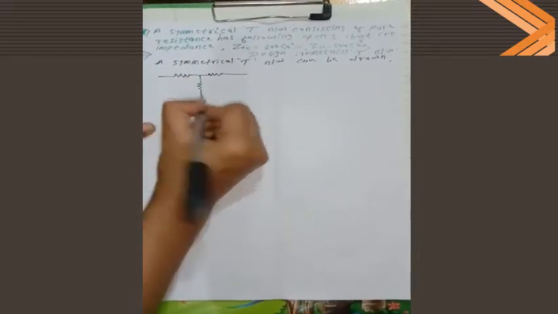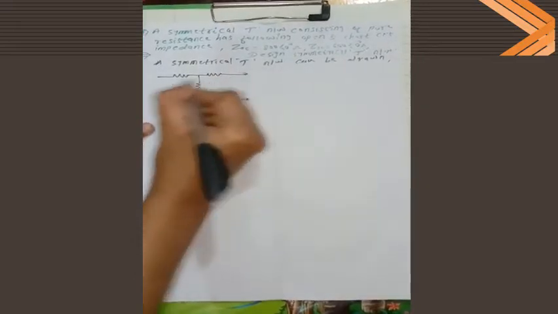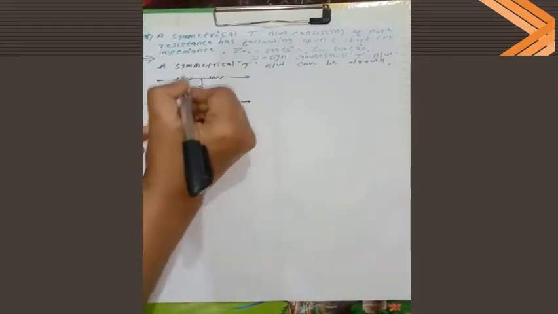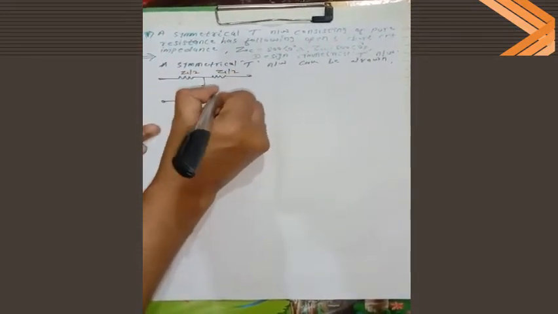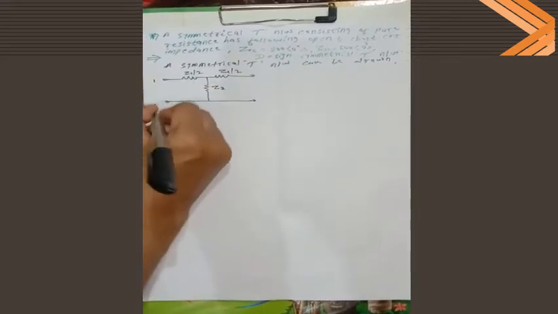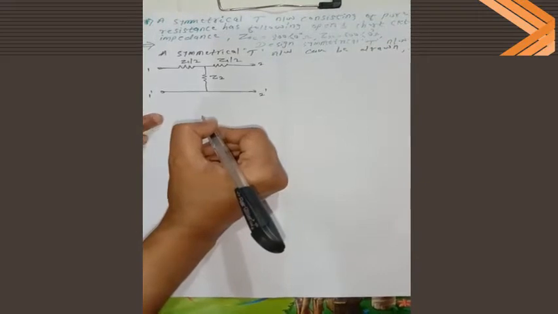This looks like a T. This will be the base, the common point or reference point, and these two elements are my Z1 by 2, here also Z1 by 2, and this one is the Z2. This is the input port 1 1 dash, here is the output port 2 2 dash, because it is a two port network.